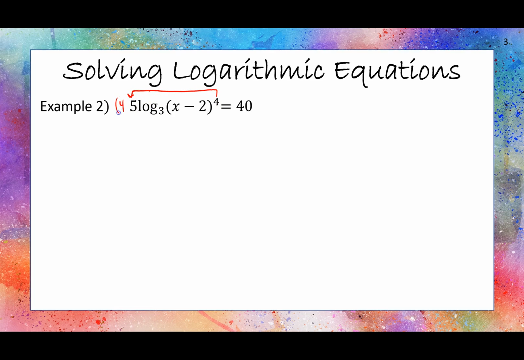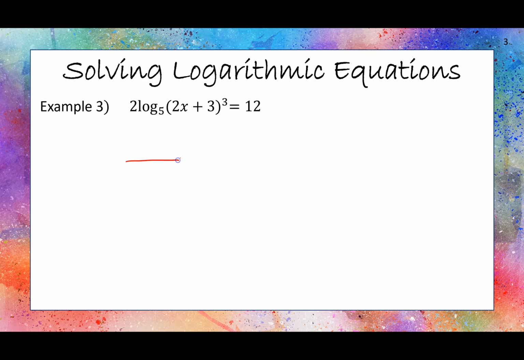So this becomes a 4 times a 5, and that disappears, which becomes a 20 log base 3 of x minus 2. Okay, so if you're kind of confused what I just did, I basically just got rid of this 4 by bringing it down in front. And I know that 4 times 5 is 20. So you can certainly do this any way you'd like, but that is one way you can do it.